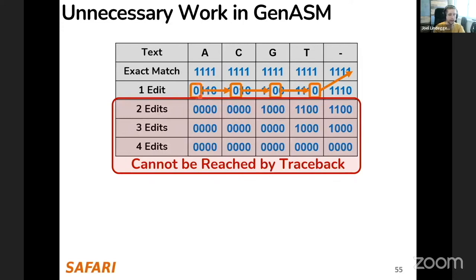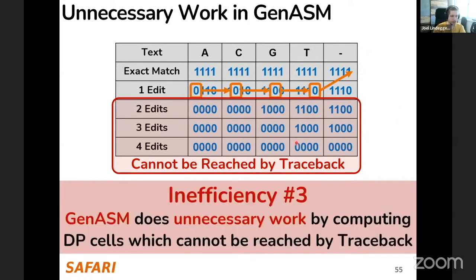So we have this first 0, and then from here, traceback only goes to the right and upwards. That's always the case, actually. And if that area cannot be reached by traceback, then we can call this unnecessary work because we're computing it, but just never ever looking at it again.